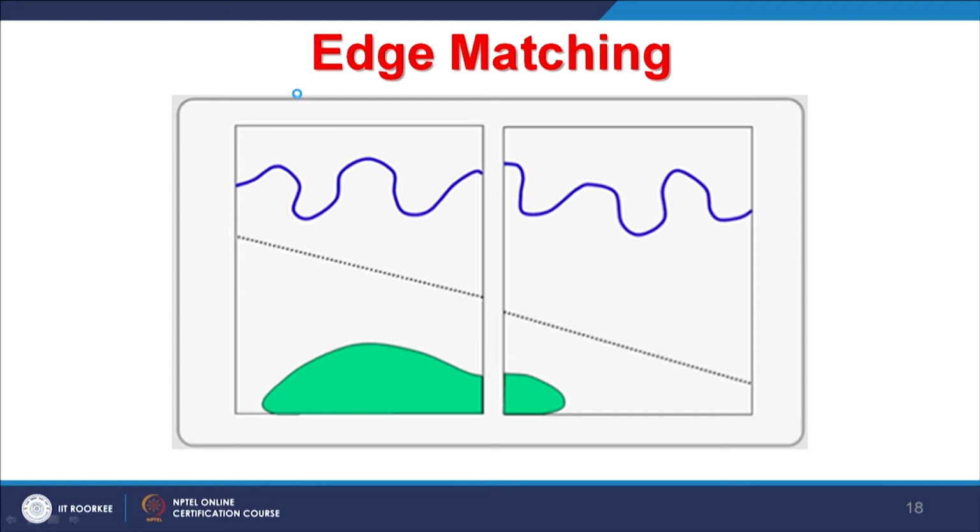Now, there was one more topic after image merging, image fusion, which is edge matching. Very briefly I will touch this point, because it will depend basically on how good the two data sets are, what their quality is, and whether the time difference is minimum.